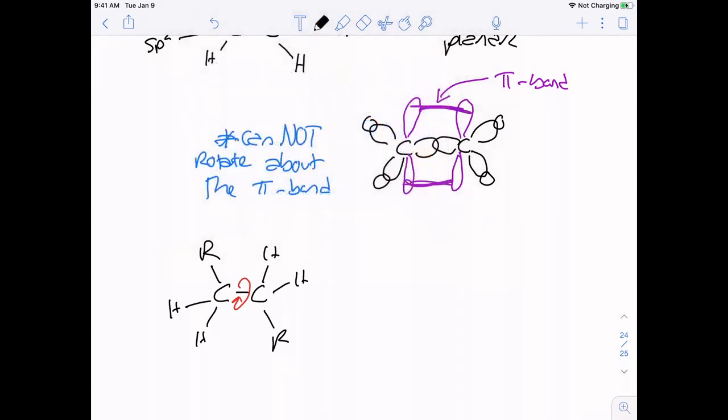So the original one I drew would be my staggered conformation if you were to put it in a Newman projection, but I could rotate that and end up with this eclipsed version. And we said they're not stereoisomers, they're conformations, because I can produce them by just rotating that bond. So they're really the same thing. That bond can freely rotate. It's just that the energy of the first one is less than the energy of the second one because it doesn't have torsional strain and it has much less steric strain.